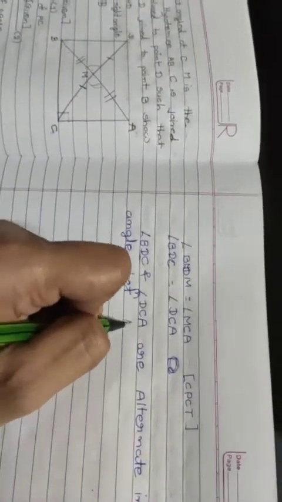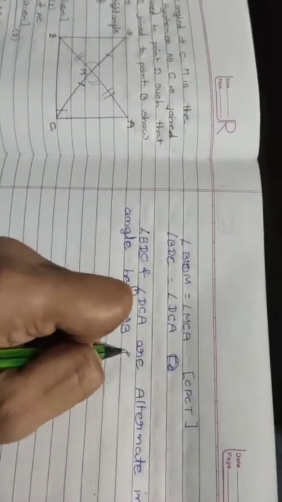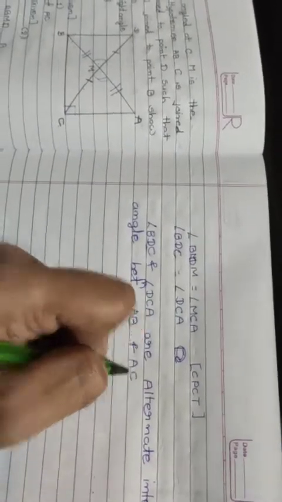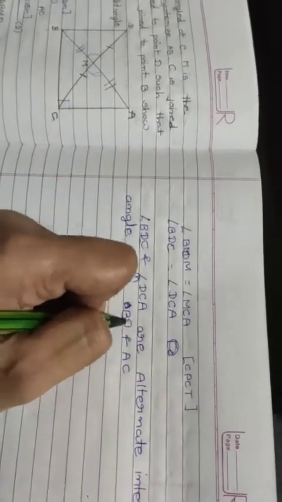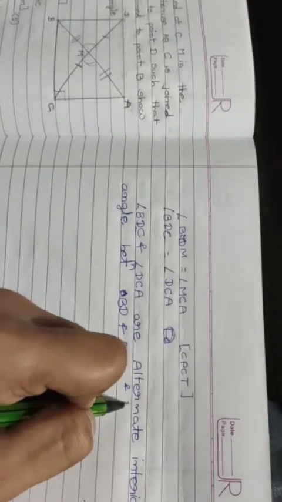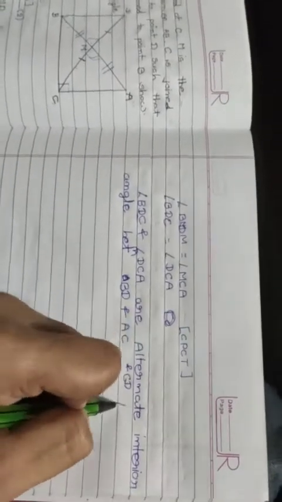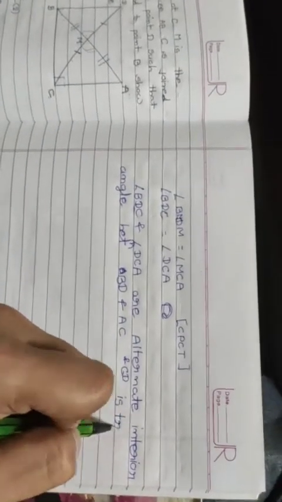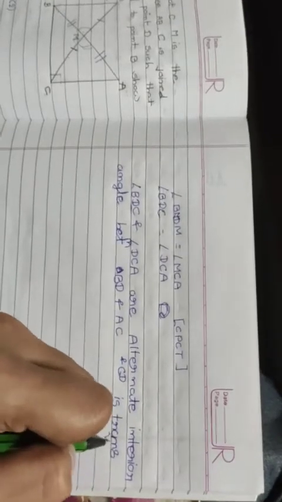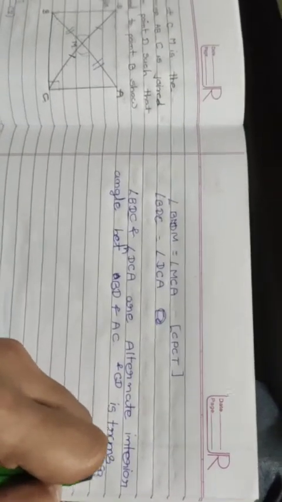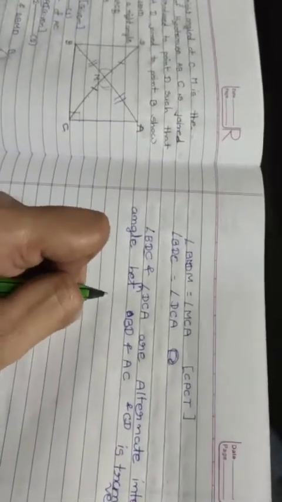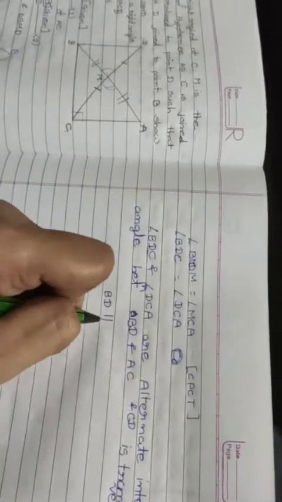between lines BD and AC, and CD or DC is a transversal. So that means BD is parallel to AC.